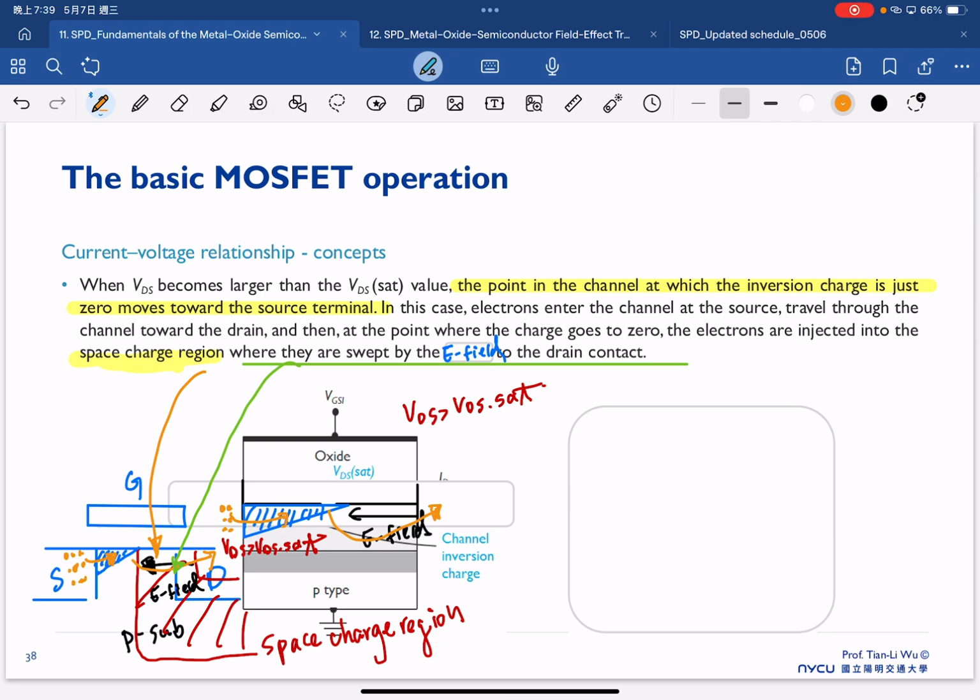So again, we can complete the last picture for our IDVD curve, where we already knew that in the beginning we have linear, start to saturate, reach one particular point, and we call this point VD set.